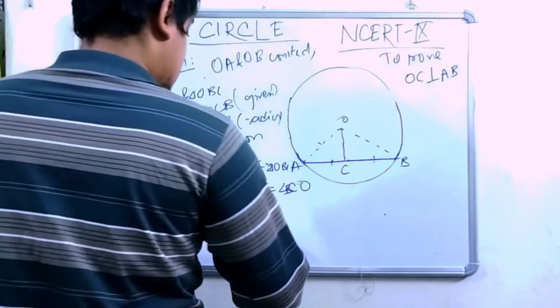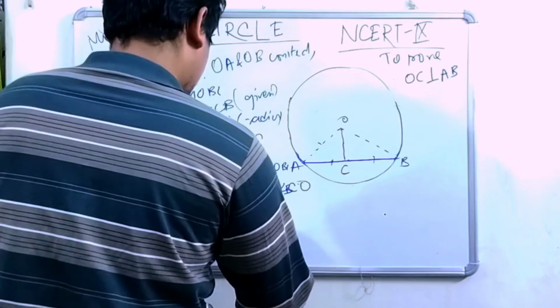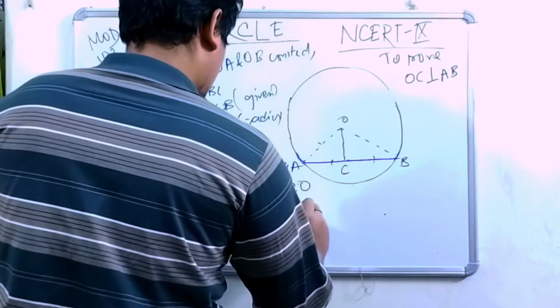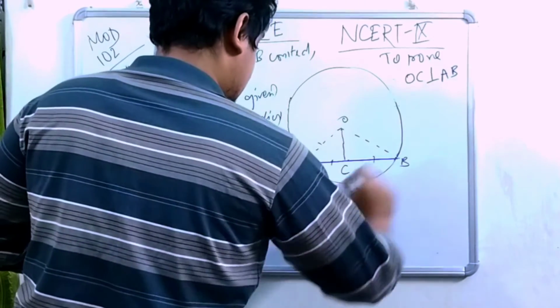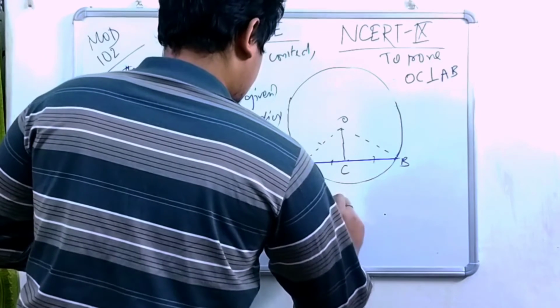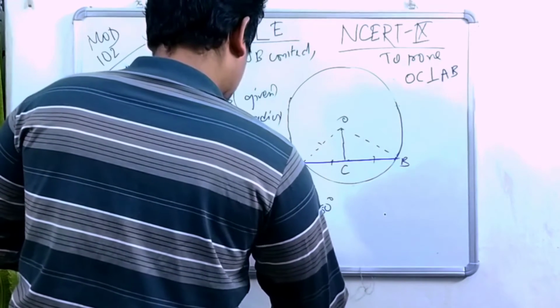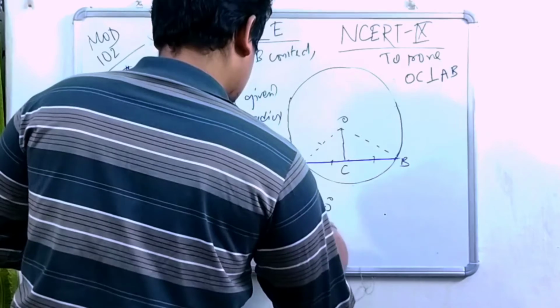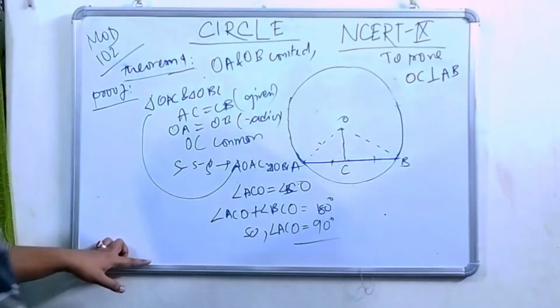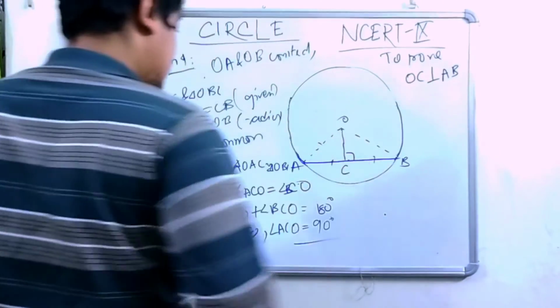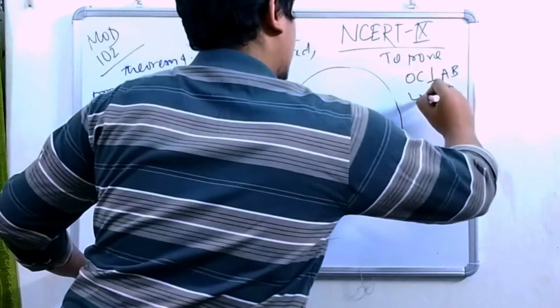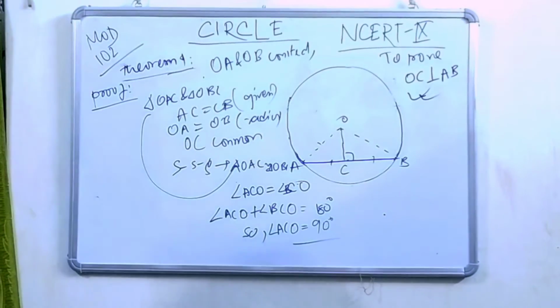If I join them together, ACO plus BCO, what do I get? I get a straight line ACB, or 180 degrees. So ACO becomes 90 degrees. So if ACO is 90 degrees, then OC is perpendicular to AB. Proven, and that is proved.